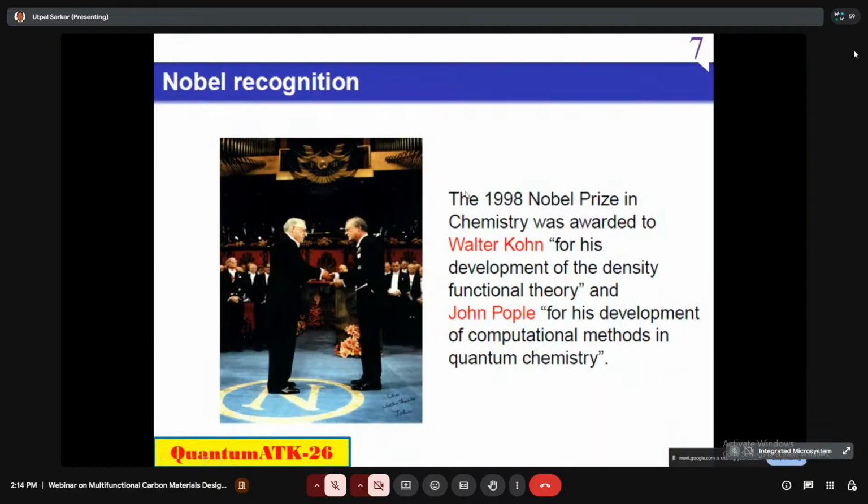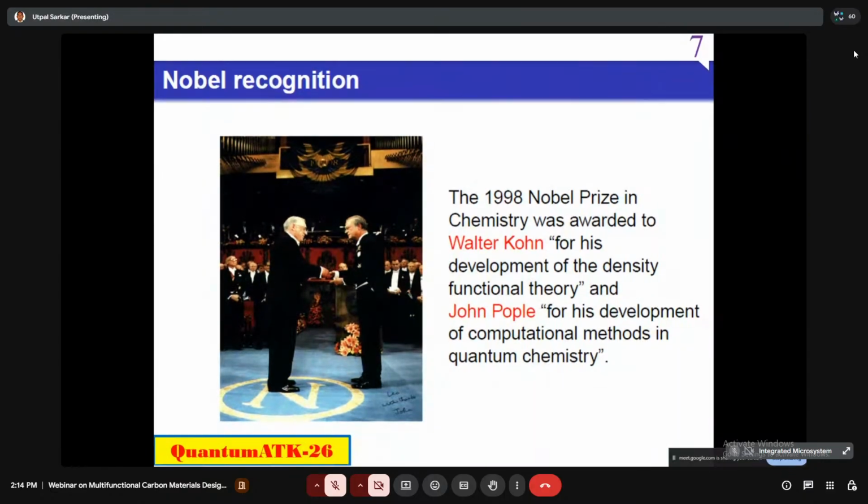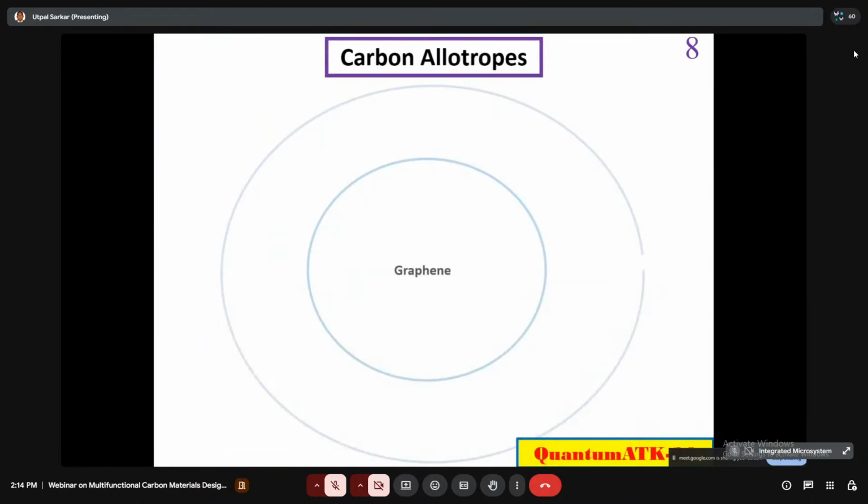Walter Kohn and Pople both are not from a chemistry background. Walter Kohn is a solid state physicist and John Pople is basically a mathematician, and both of them got the Nobel Prize in chemistry. So it's basically a mixture of physics, chemistry and mathematics, so interdisciplinary things we'll discuss now.